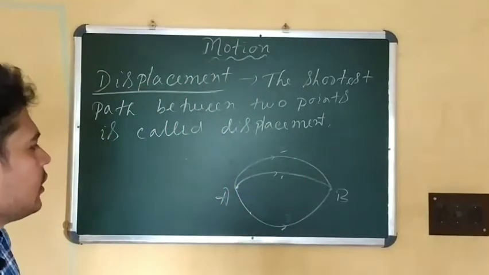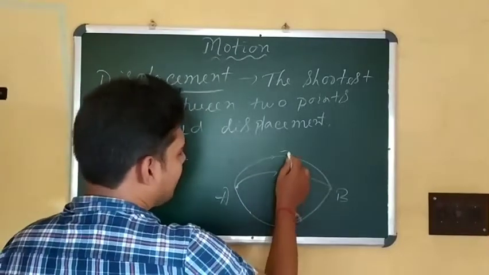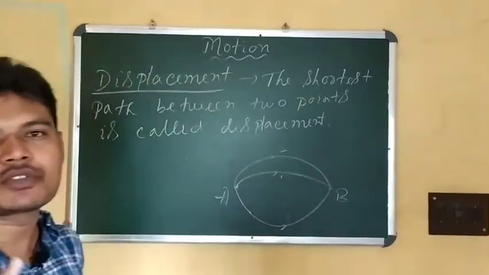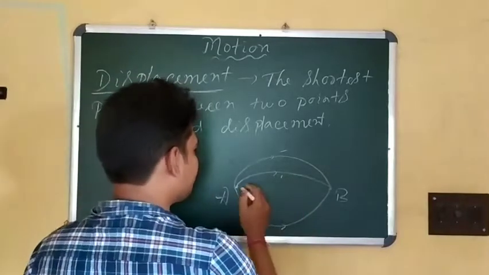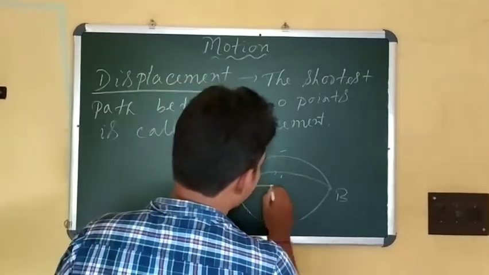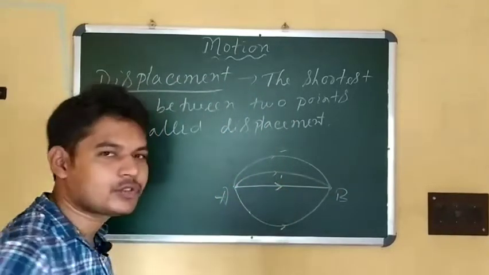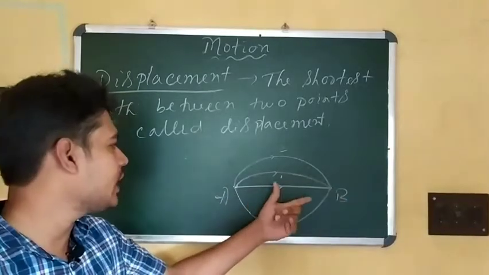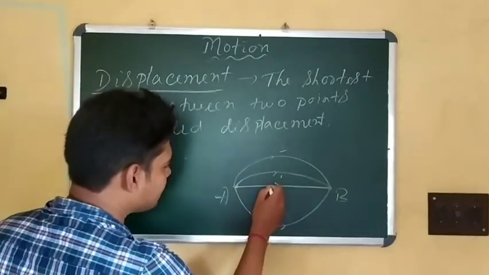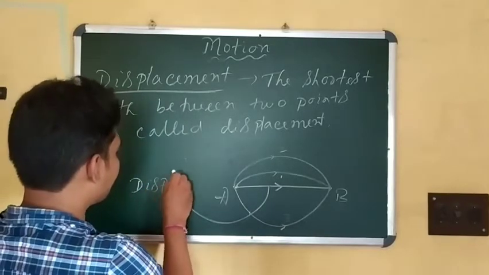Now you see this picture here. All these 1, 2 and 3 are not the shortest path; all these 3 are different paths. But if you draw one straight line from A to B, then that is the shortest path between A and B. So it is the displacement.